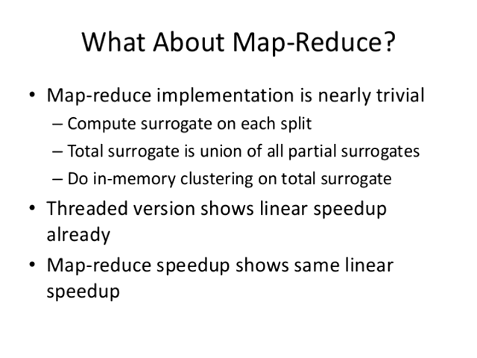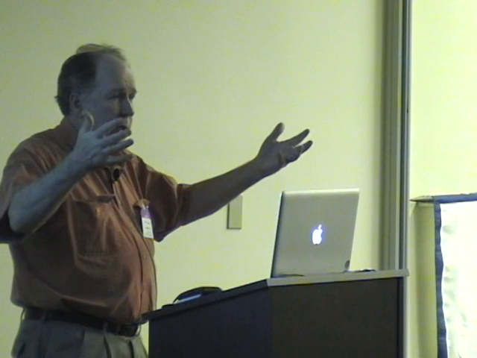Doesn't have to do anything clever at all until there's a gazillion mappers, in which case it does one step of this surrogate and Shazam, it's done. So the MapReduce is nearly trivial. It does the same algorithm with as many threads as I care to on every mapper, glues them together, and does the clustering of the surrogate in memory.